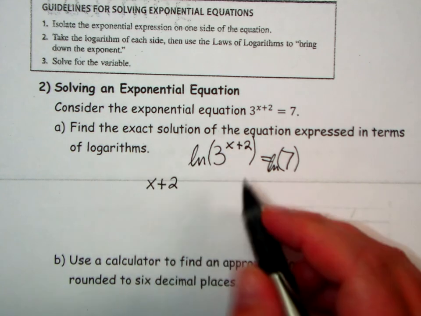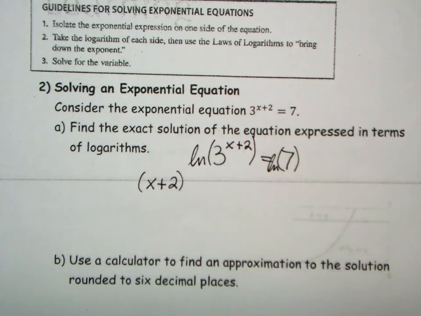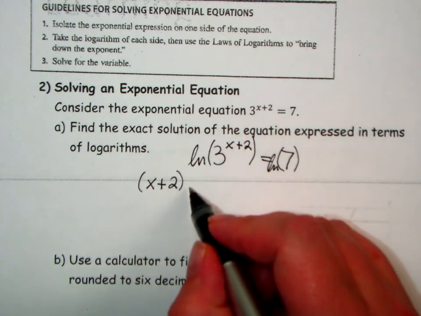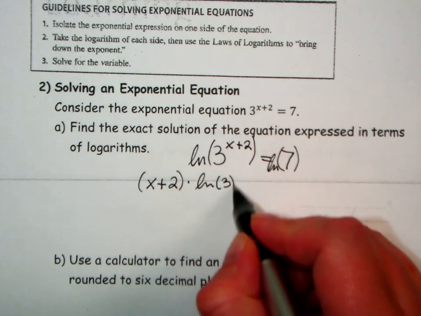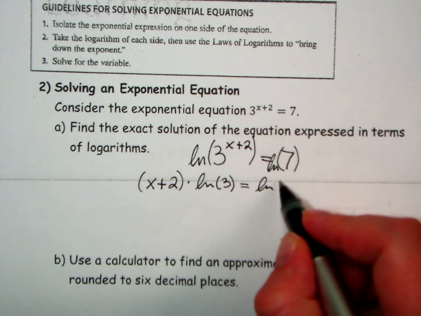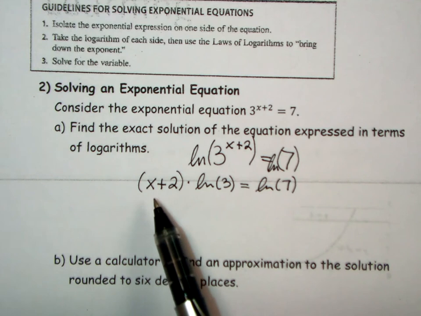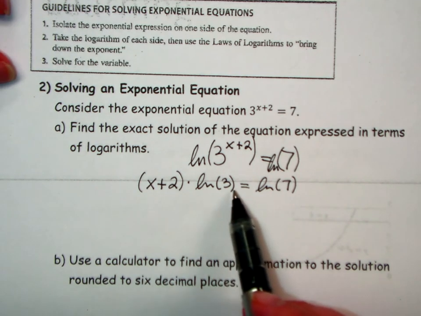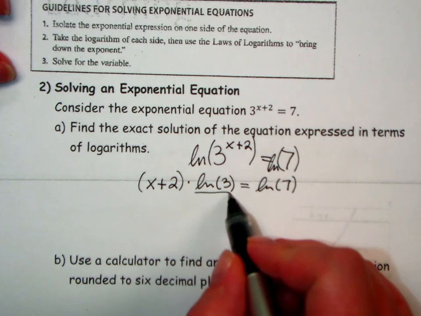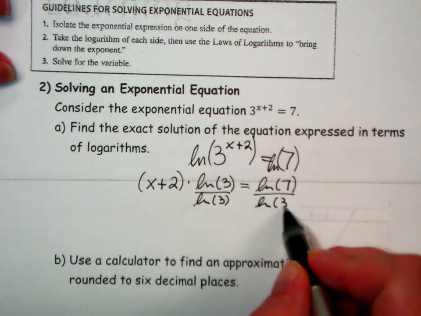Now this exponent, x plus 2, is more than one term, so I want to make sure I put it in parentheses. So I have x plus 2 in front of ln of 3, and that equals ln of 7. Now I want to solve for x, which is inside the parentheses. First I divide both sides by ln of 3 to get the parentheses by themselves.